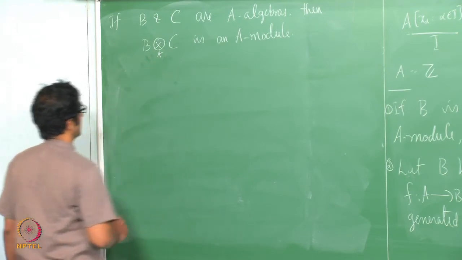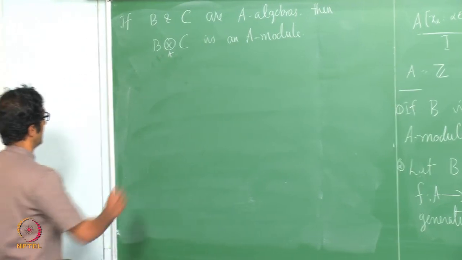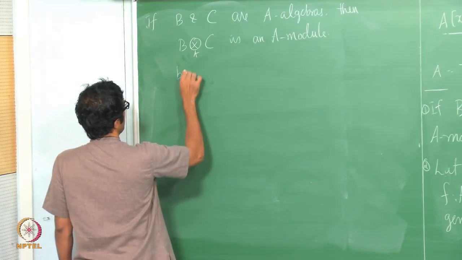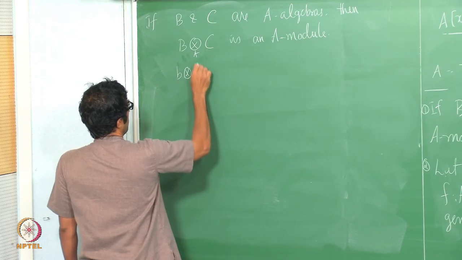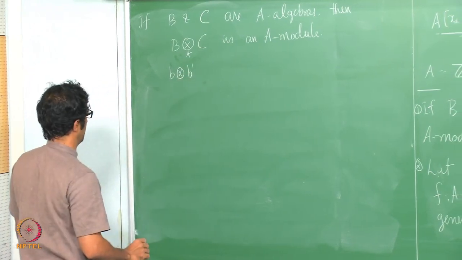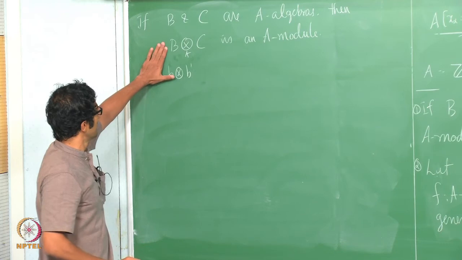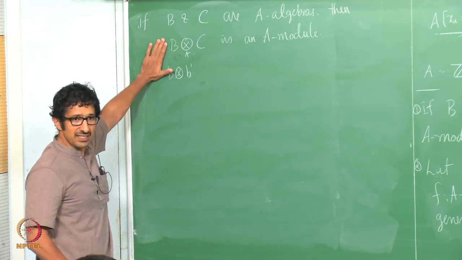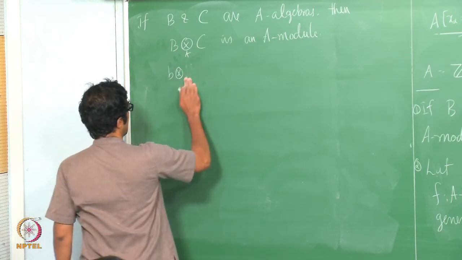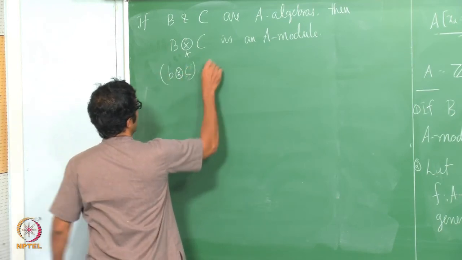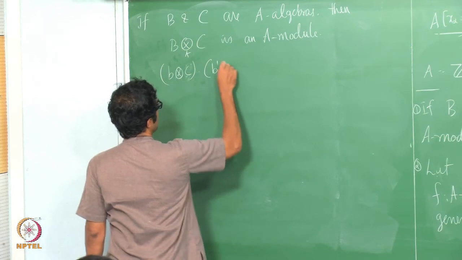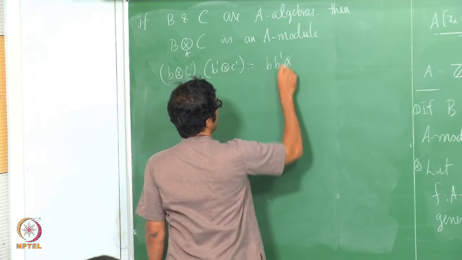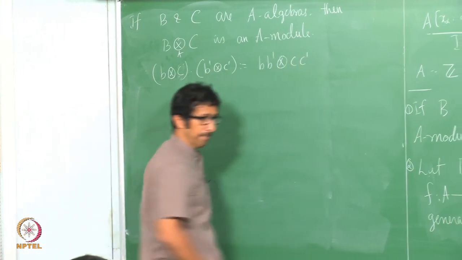Okay, so let me write down this definition of B tensor C. See, this is an A module though, so this has an addition in place. Now if I take B tensor C and B prime tensor C prime, I define their product to be BB prime tensor CC prime. Okay.